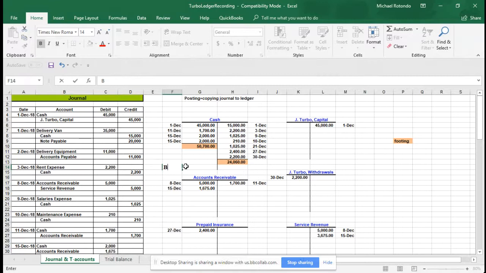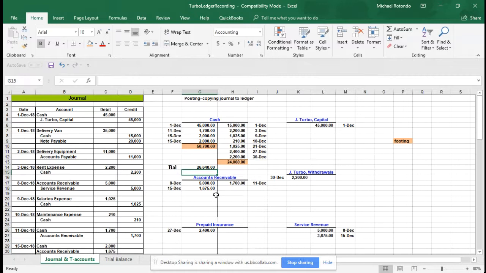So we're going to put balance over here, BAL. Center that if you want to. And we're going to take our total debits minus total credits. So our balance in cash is 26,640. Right? We would expect to have a debit balance.